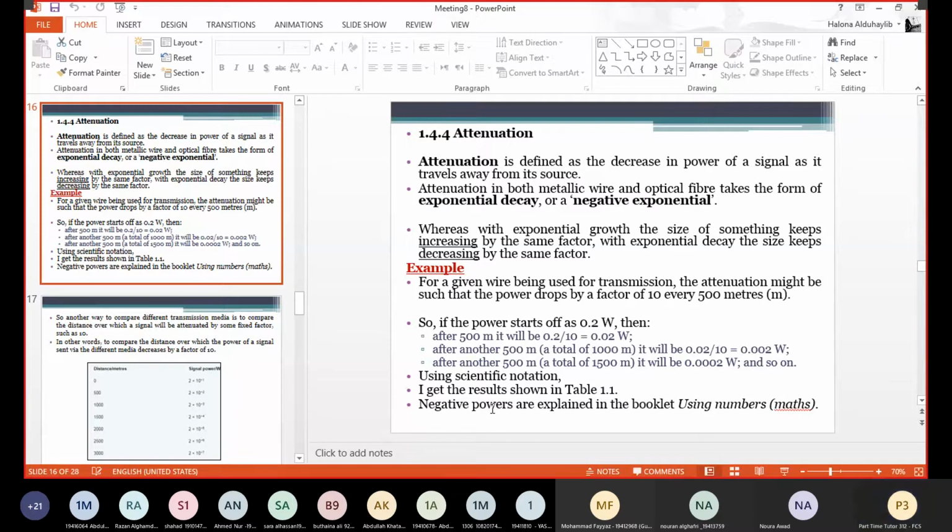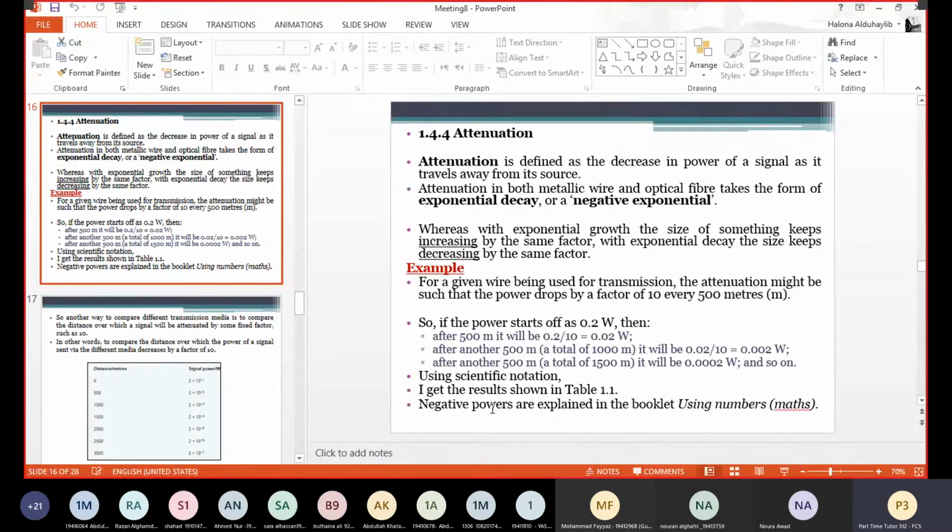This means if the power starts off as 2 watt, then after 500 meters, it will be 0.2 watt, divided by 10, which is 2 out of 10. After another 500 meters, it will be divided by another 10.